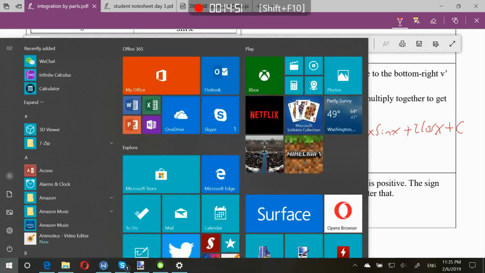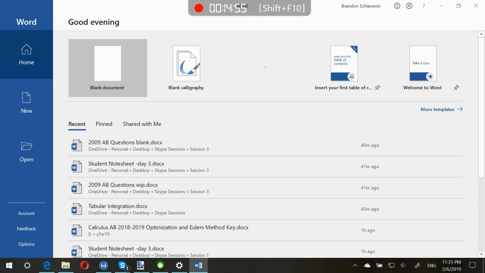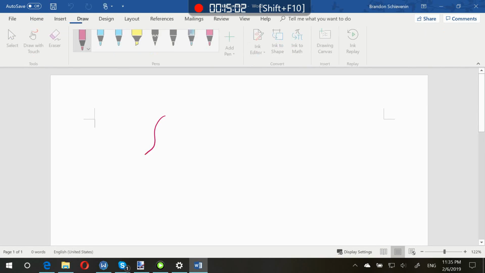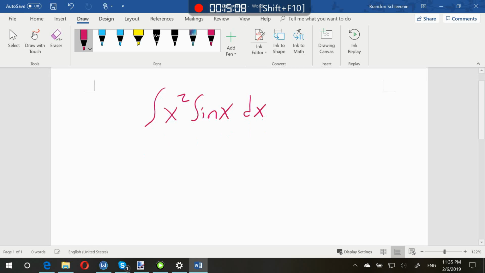So let me grab a blank sheet here. Okay, so I want to integrate x squared times the sine of x in terms of x.